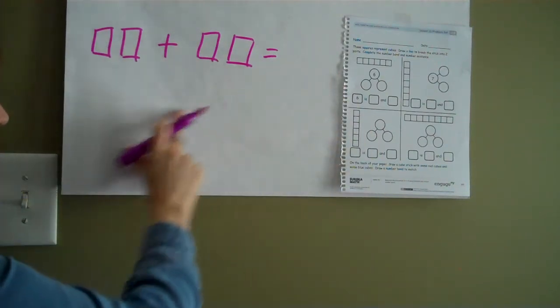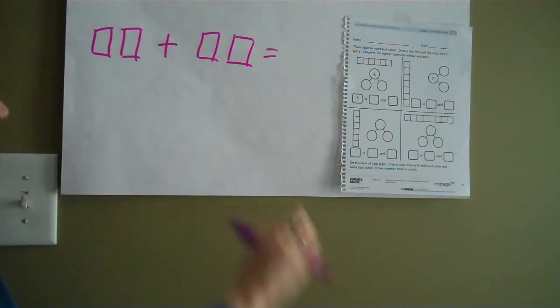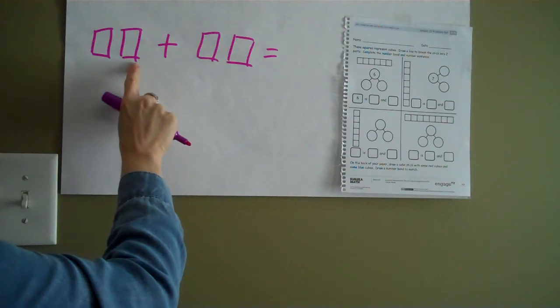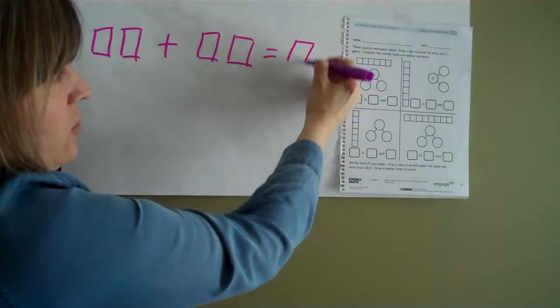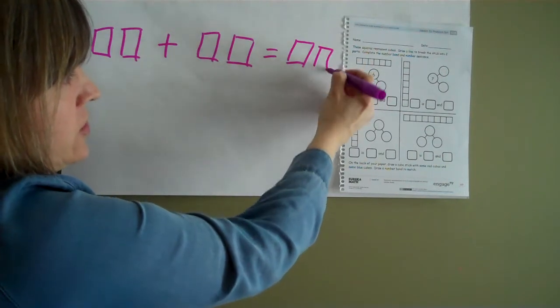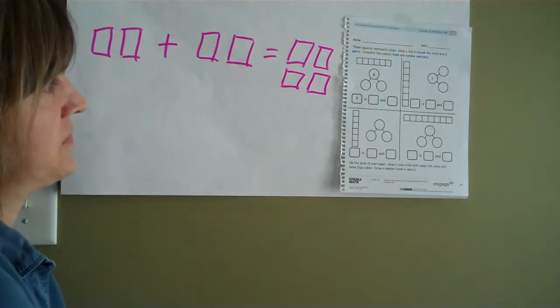And then when I bring these all together, when I count them up and I add them, I have 1, 2, 3, 4. So I'm going to bring that over here. 1, 2, 3, and 4.